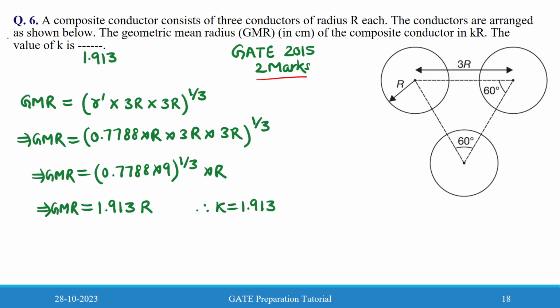This is like a bundle conductor only. So here a composite conductor is given. Three conductors are bundled, three conductors of radius R arranged as shown below. So you need to find the geometric mean radius. This is given, so you need to find K. This is very simple. All of you know how to do this problem.